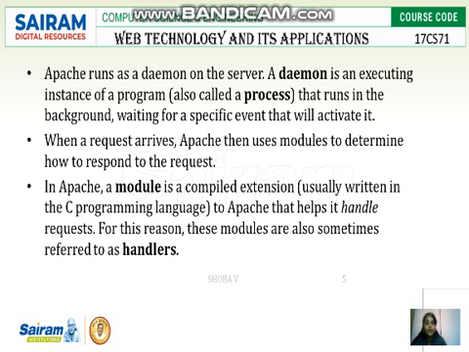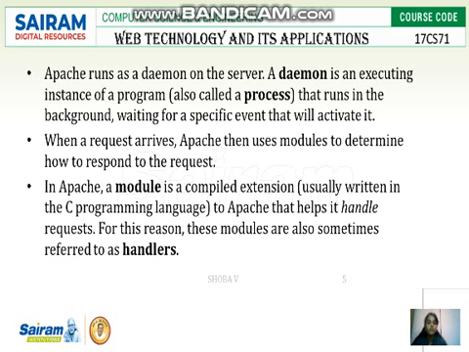We can also call it a process that runs in the background, waiting for a particular event that will activate it. When a request arrives, Apache uses modules to determine how to respond. It waits for the particular request and decides how to respond. This is the Apache server's working condition.